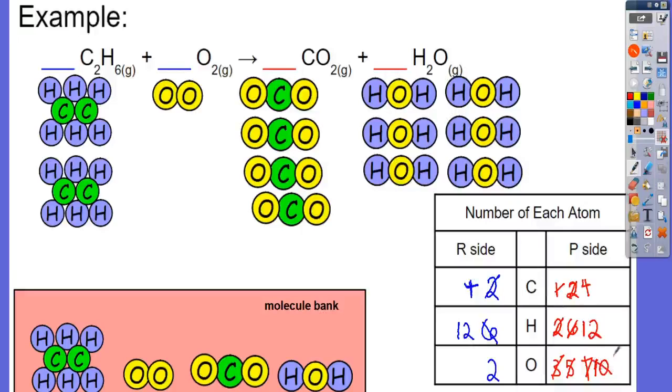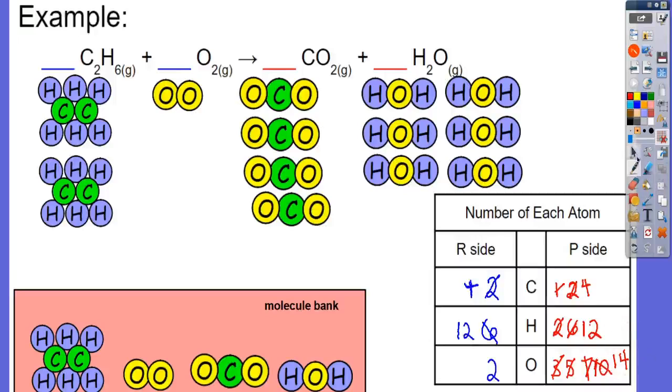So I had to double my water molecules, which meant I then had to double my hydrocarbon, and then I had to double my carbon dioxide. But now I have an even number of oxygens on my product side. I satisfied everyone else.